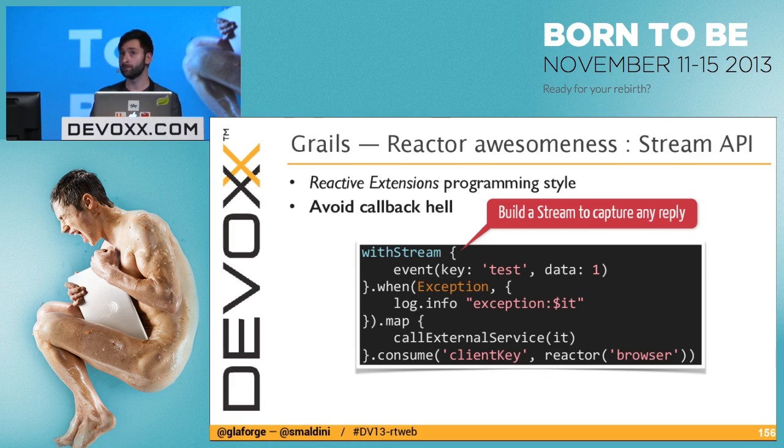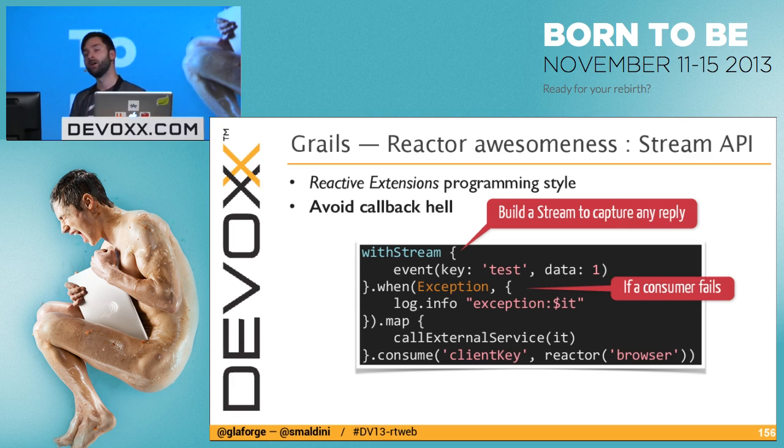Well, with stream is going to capture the reply and pass it to the chain, because it's a stream. You can pipe things. By the way, there is a new method I introduced there, which I didn't show on the Reactor slides, which is when. When is when an exception happens. You can listen for a specific exception or for all exceptions. In that case, I just listen for exception. I omit the dot class because it's Groovy and it's cool.